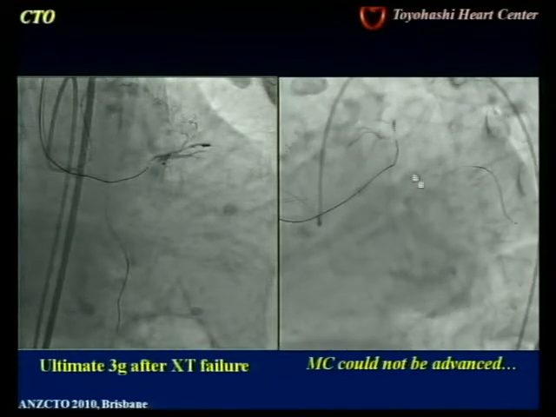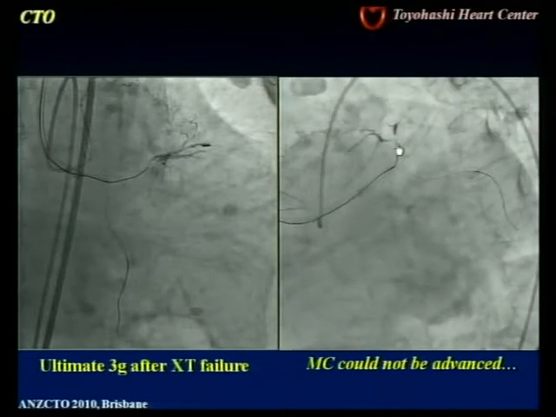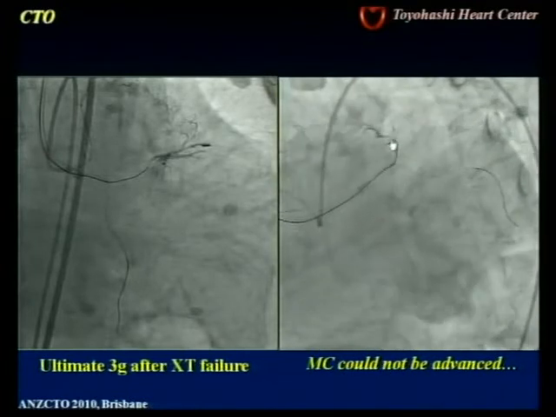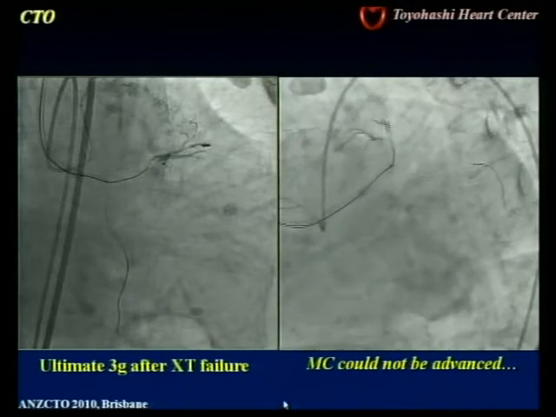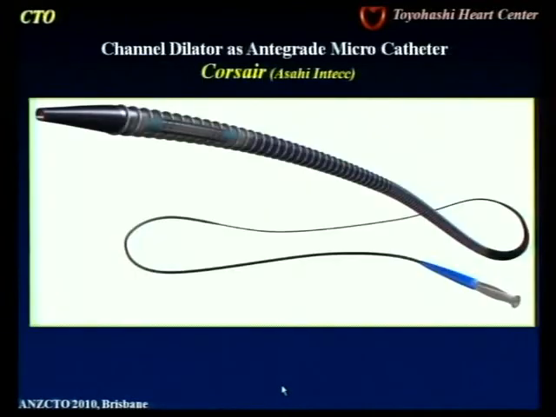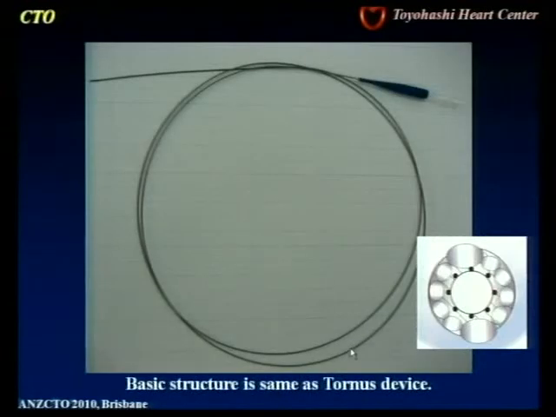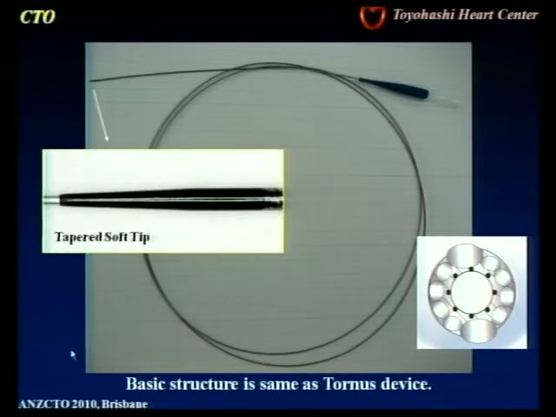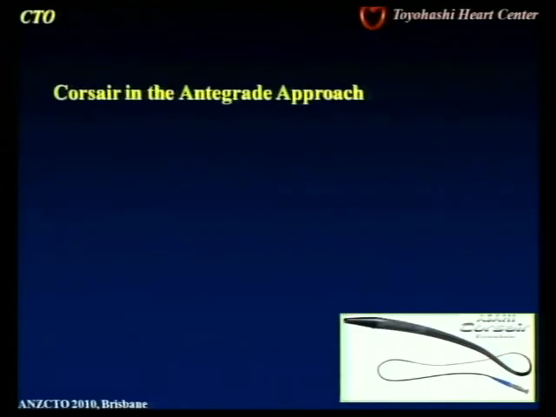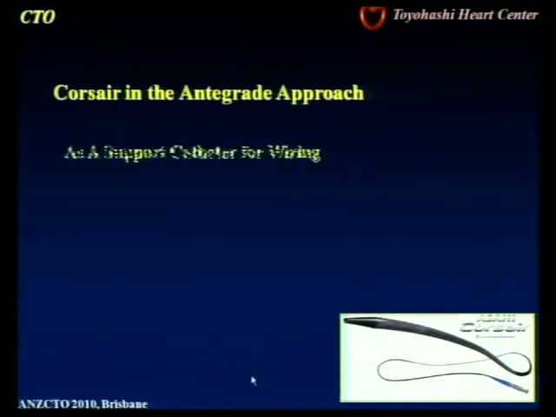So the wire is almost crossing, however, because of less backup for penetration into the distal lumen, we have to change the condition. So in those cases, now the Corsair catheter works very well in the Antegrade approach to make an extra backup because it has a very tapered soft tip, and this tapered soft tip usually can be advanced with the Antegrade wire.